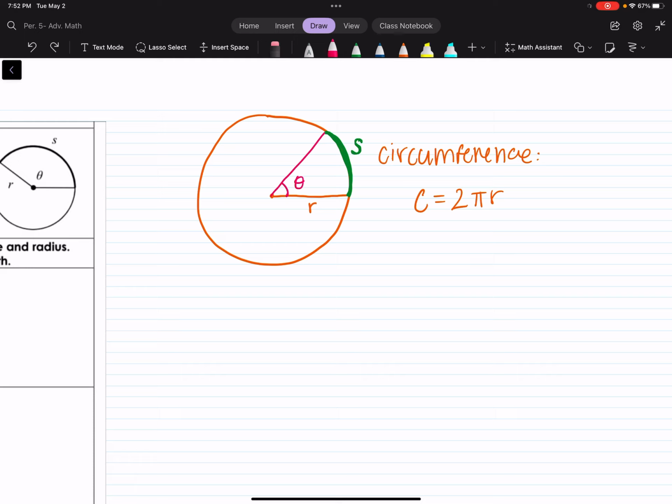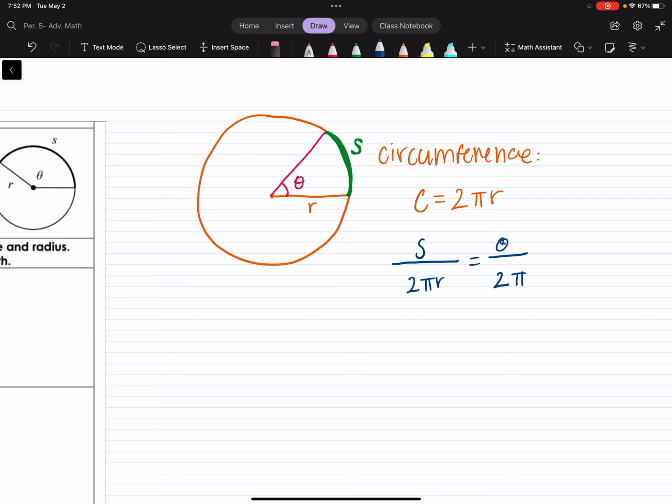So let's create that ratio. The arc length S over the entire circumference, which is 2 pi r, is set equal to the angle theta over the entire full rotation inside of a circle in radians, which is 2 pi.